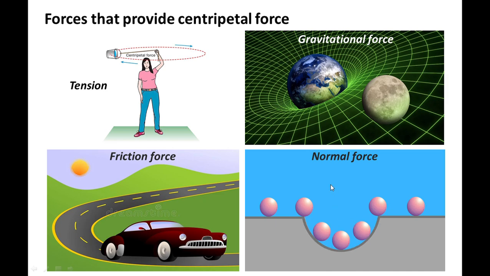The centripetal force in this case is the normal force that is being applied by the ground. So let's have an illustration of these forces. Again, in this case, the centripetal force is the force of tension. In this case, the centripetal force is the gravitational force. In this case, the frictional force is the centripetal force, and here the centripetal force is just the normal force exerted by the ground on the marble.